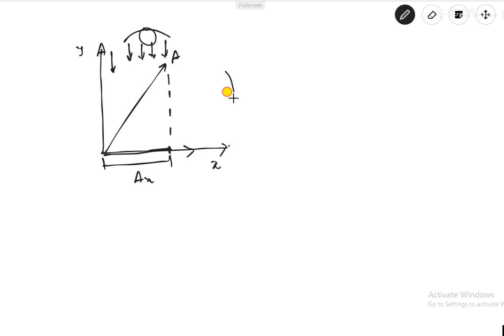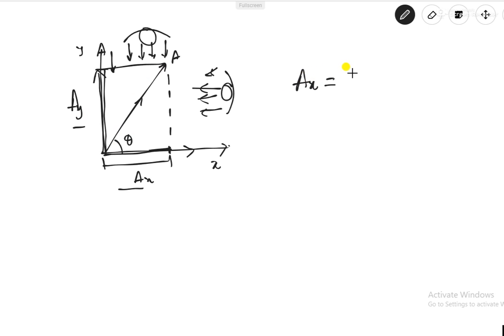Similarly, when you keep the light in this direction, this vector will cast a shadow here, and this is AY. These two are called the components or resolution of this vector. Similarly, on the x-axis it is AX and on the y-axis it is AY. If this vector makes some angle theta, then what will AX be?